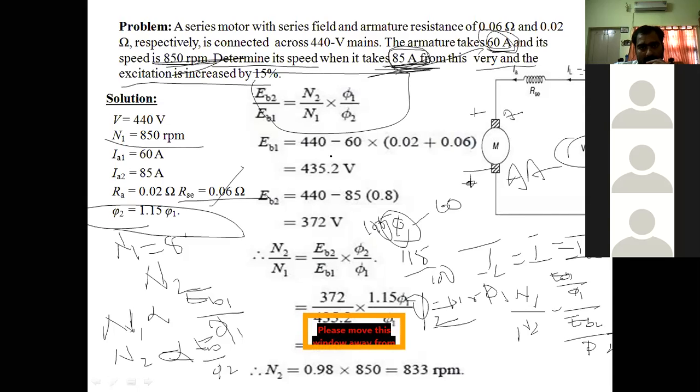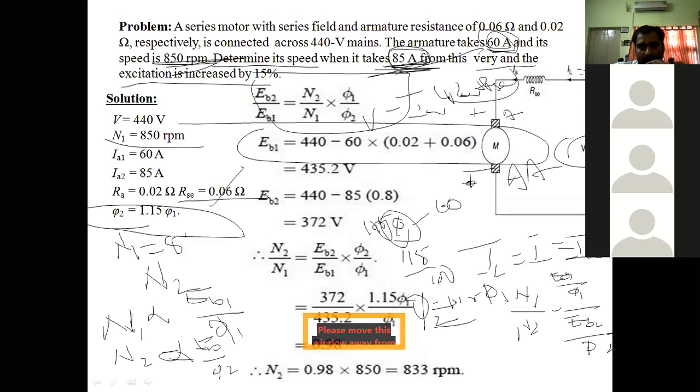You all very well know that the calculation of EB1 is V minus IA into RA plus RSE, because here we are going to consider it as a series motor. That's why you have to include both the resistances, RA plus RSE. So here also you are going to have the EB2 value.